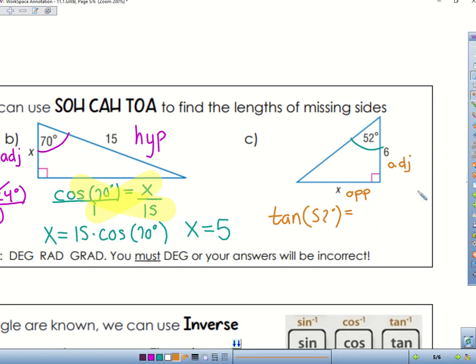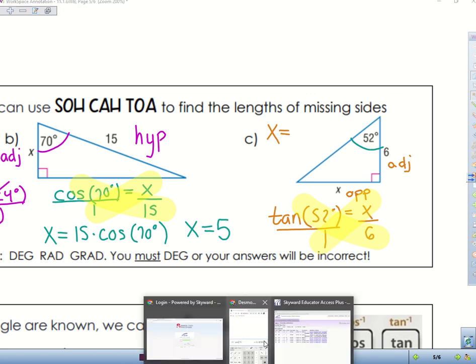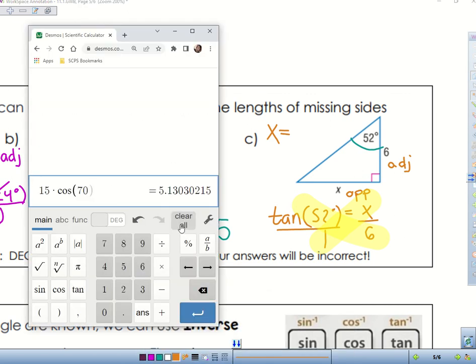I'm thinking cotan. It's opposite over adjacent. Cross multiply. That gives me x equals 6 times tan, right? Clear it out. 6 times tan of 52 is approximately 7.7.